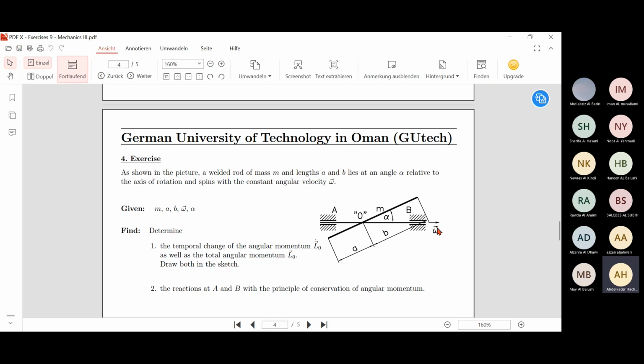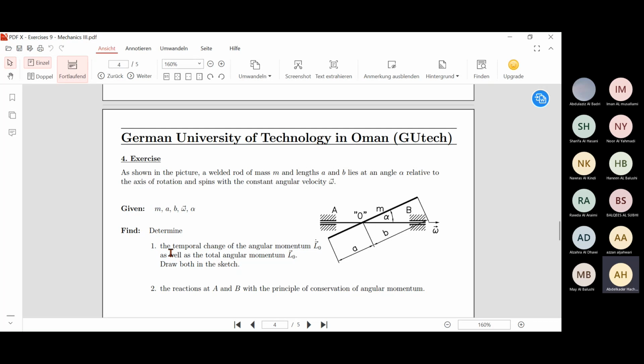Then you have the rotation along this axis, and the whole system, the rod, will rotate with this velocity. Given are m, the geometry variables, as well as the angular velocity omega and the angle alpha.